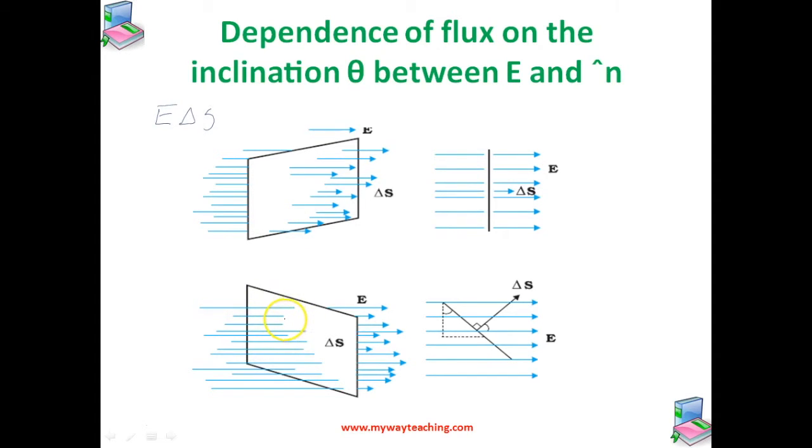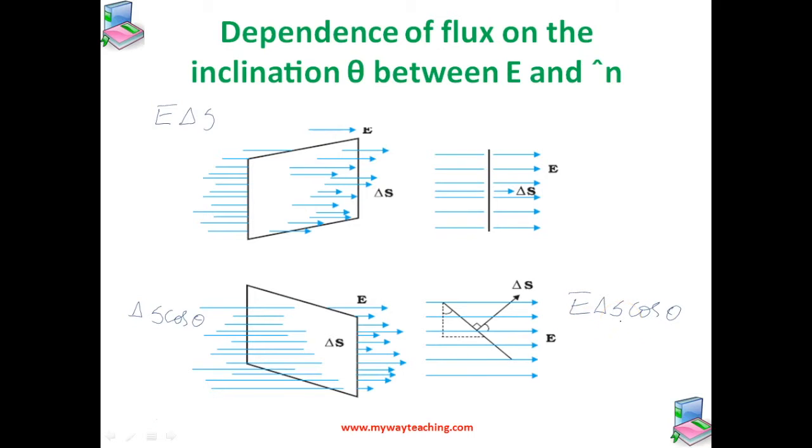In that case, the number of field lines crossing the area element will be smaller, and the projection of the area element normal to E is given by delta S cos theta. Here it was normal, but here it makes an angle theta. So the number of field lines crossing delta S is proportional to E delta S cos theta. When theta is 90 degrees, the field lines will be parallel to delta S and will not cross it at all.